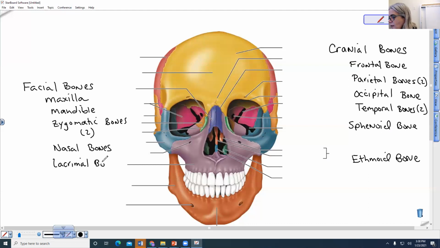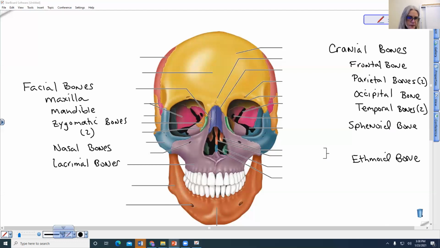When you look at those lacrimal bones in a real skull, oftentimes they're so delicate that they get broken out. And so sometimes you don't see those. We also see parts of the ethmoid bone there as well. So this is also ethmoid, as well as the ethmoid bone that would be located right here.